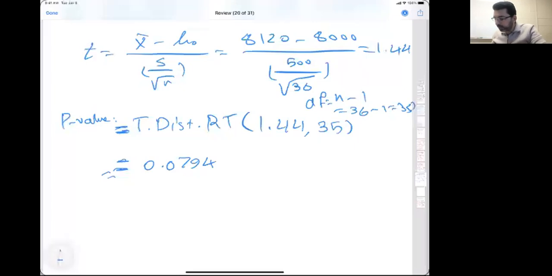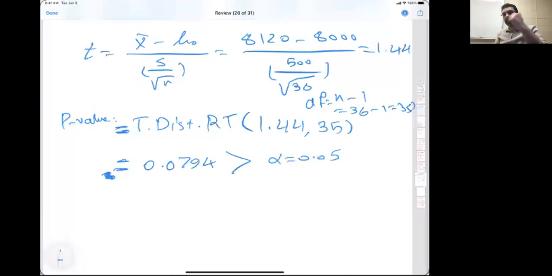Okay. So now we compare the p-value and alpha. Alpha, the significance level, is 0.05. Compare between them. Which one is greater? The p-value. So the p-value is greater than alpha.